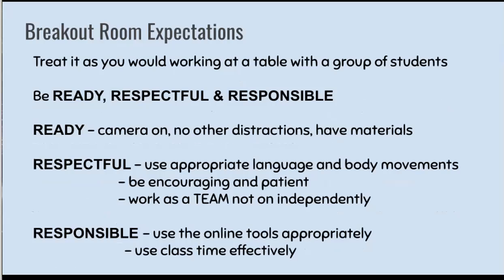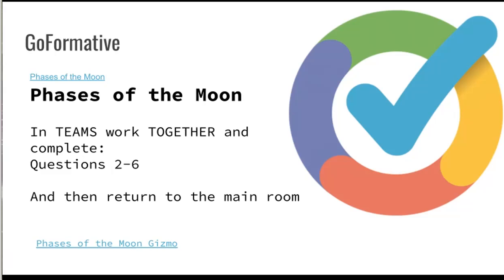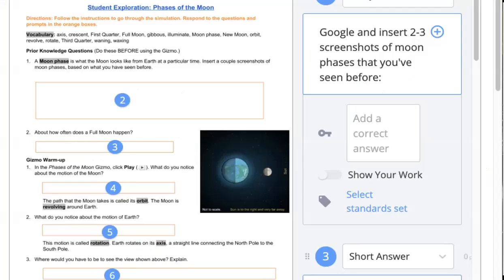Okay, so what I want us to do now is go into breakout rooms, not for very long. You don't have very long in your breakout rooms. We're going to do the first two sections. You're going to do questions 2 through 6. So when you go to your breakout rooms, I'm going to have you do the prior knowledge and the gizmo warm-up.